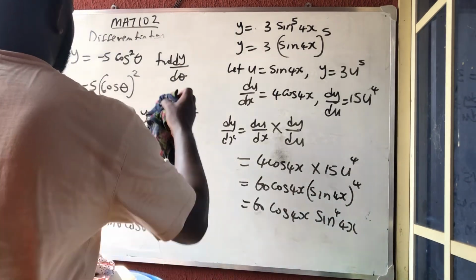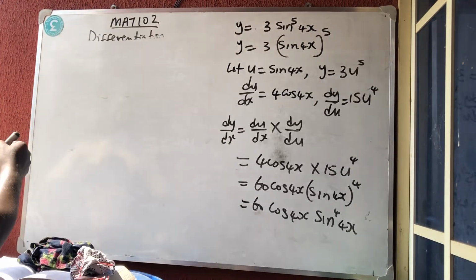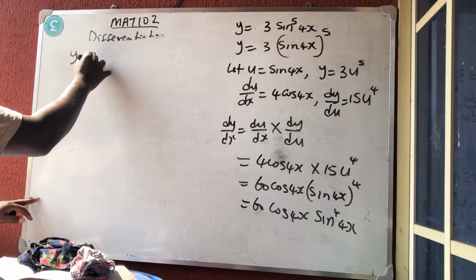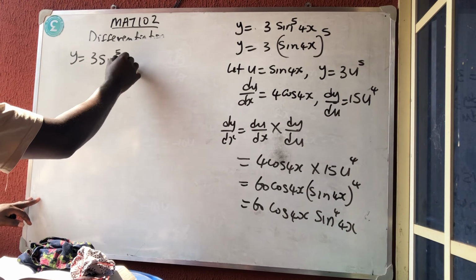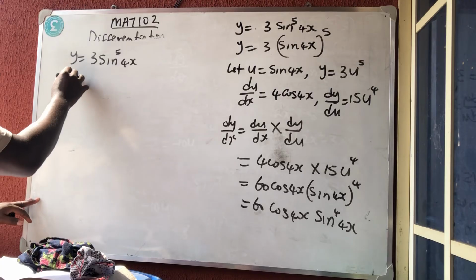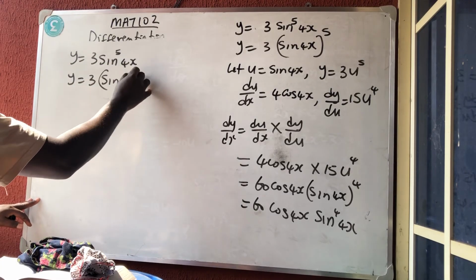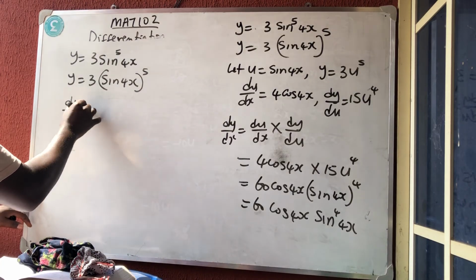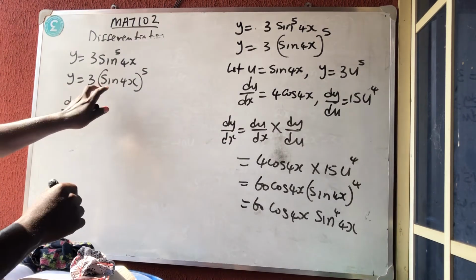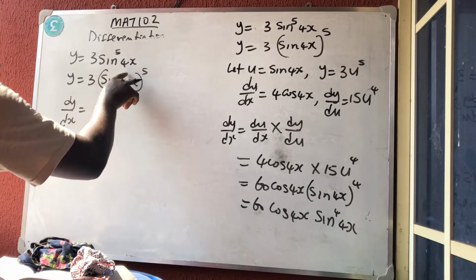So let me use shortcut and solve it so that you will see that it's the same thing. So I'm having that y is equal to 3 sine 4x. I will rewrite it to be y is equal to 3 times sine 4x raised to power 5. I have seen the one that is the bracket, and the shortcut said differentiate the bracket. Differentiating sine 4x means differentiate this bracket again before differentiating everything.